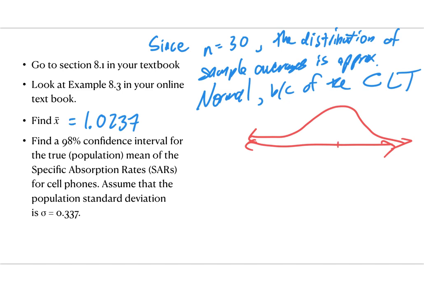Centered at, so this will be normal. The average will be the average of the X bars. And the standard deviation of this distribution will be sigma of X divided by the square root of n.